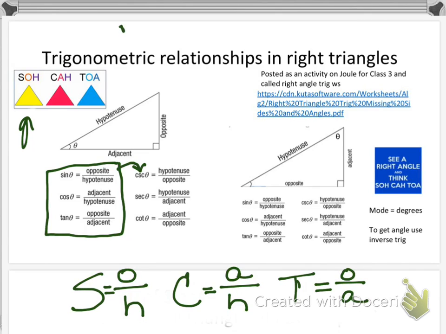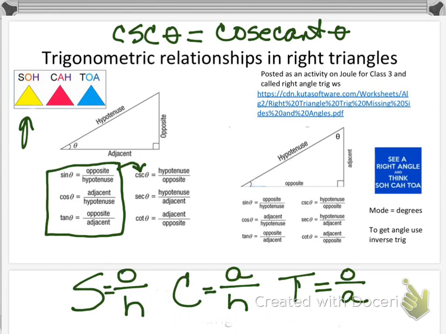So CSC of an angle is the cosecant of an angle, and they're reciprocal. Notice, if the sine of an angle equals opposite over hypotenuse, its reciprocal cosecant equals hypotenuse over opposite.